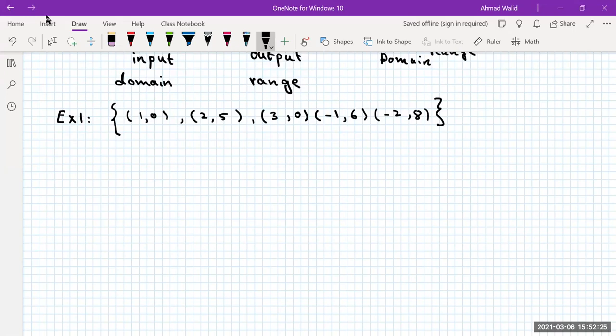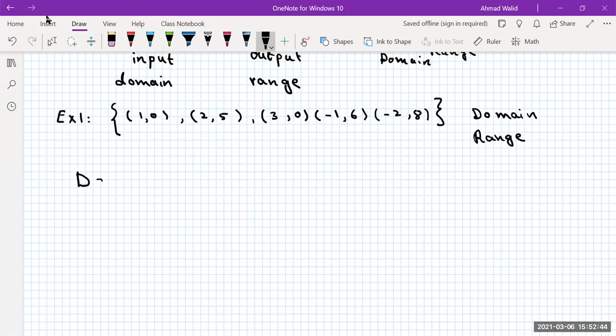In this example, they're asking us to find the domain and range of this relation, correct? Let's just start with domain.